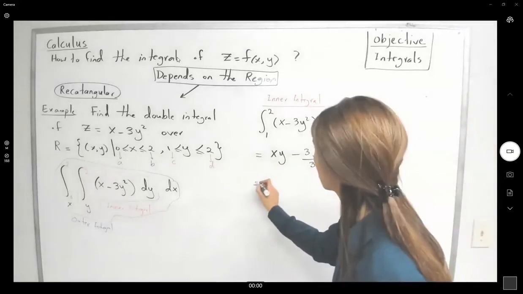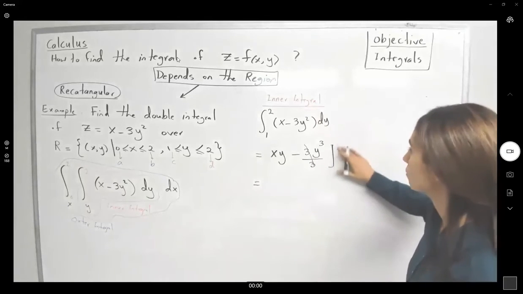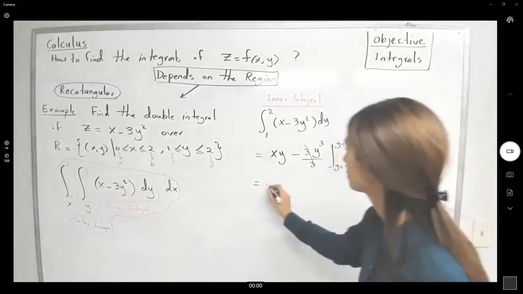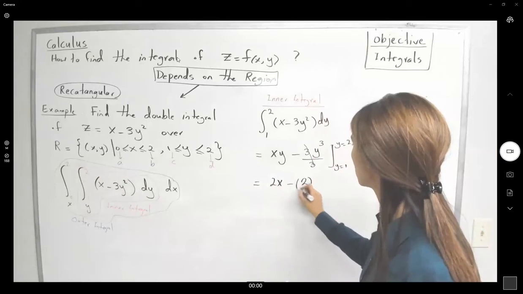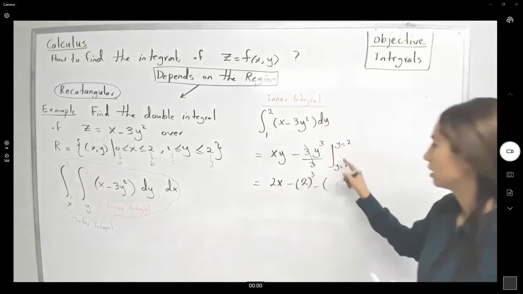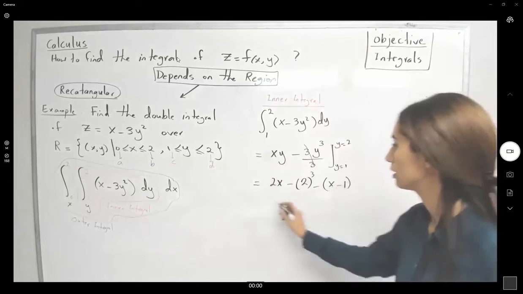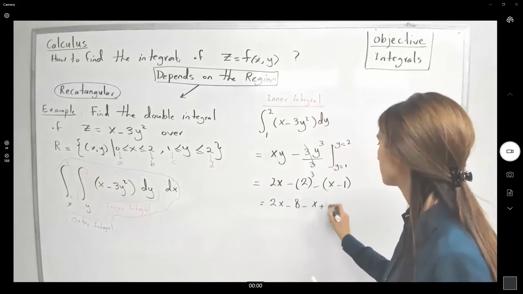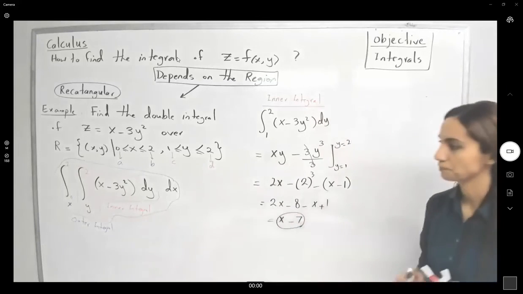So you can cancel out 3 and 3. Your y is 2. Your y is 1. So you plug in 2 first. 2x minus 2 to the third, minus, if you plug in 1, you get x minus 1. So here you get 2x minus 8 minus x plus 1, which is x minus 7.